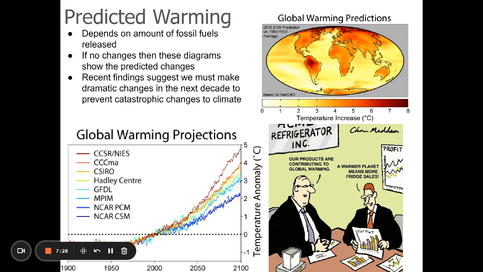That puts us at the greatest temperature change of almost 5 degrees Celsius. 5 degrees Celsius would be catastrophic for the planet, for ecosystems, for us. We'll talk about why in a minute. But there are other scenarios, right? There are scenarios where we do different things to try to address climate change.